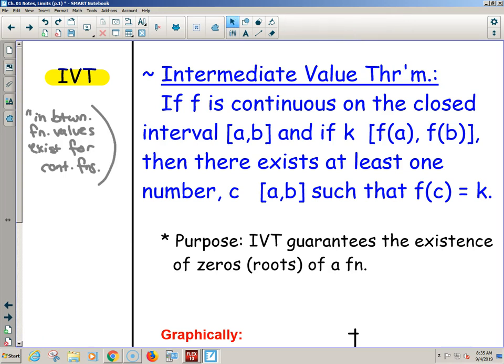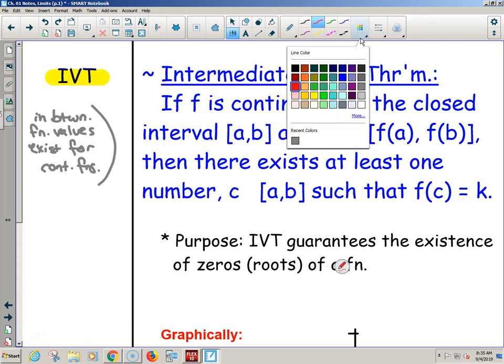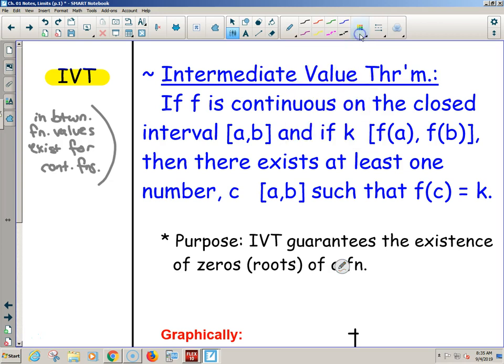That's basically all of IVT summed up in a little tiny, not very mathematical, but conceptual way. Intermediate, in between. It's not beginning, it's not advanced, right? Intermediate, in between. Value, function values, y values. In between, intermediate, function values, value, yeah.